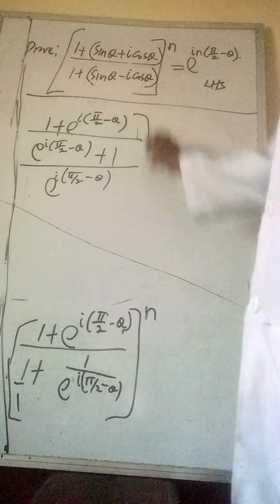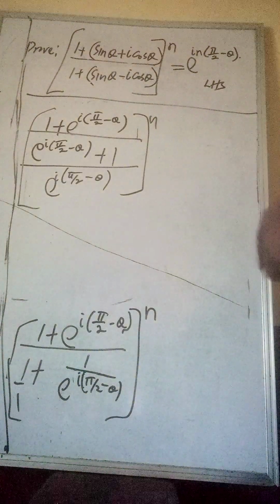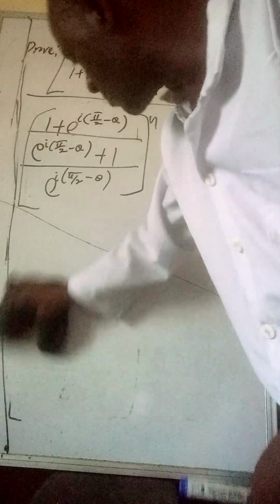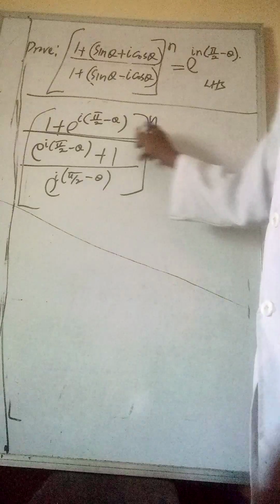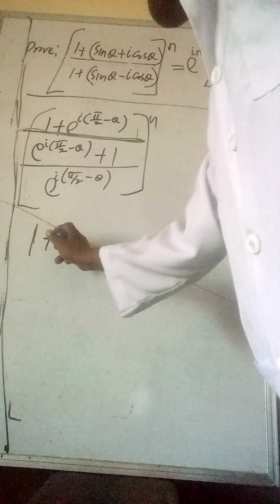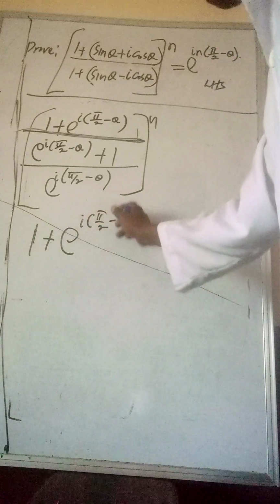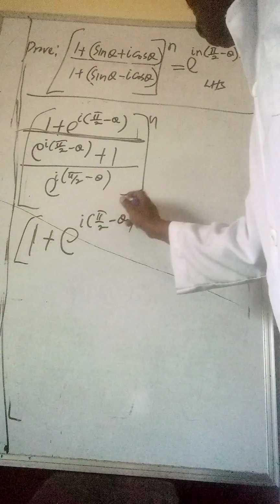Now, all raised to power what? n. But to make the work well understood, I'm now going to write the division, the common division line, which is this. This is the common division line. I'm going to write it sideways. That will now be 1 plus e to i open bracket pi over 2 minus theta. Let me put it in the bracket.